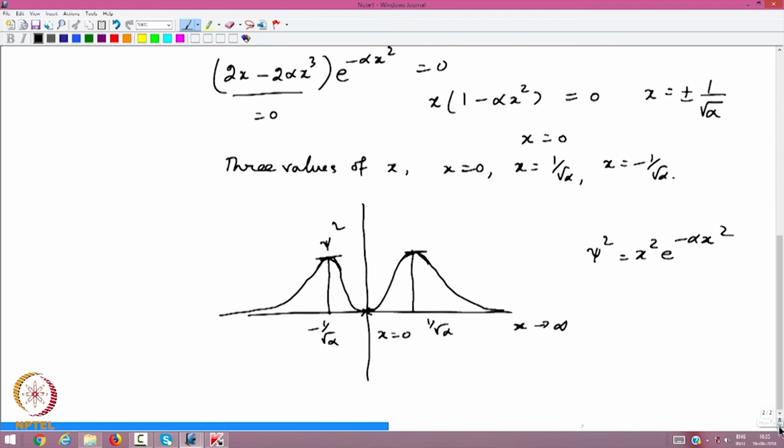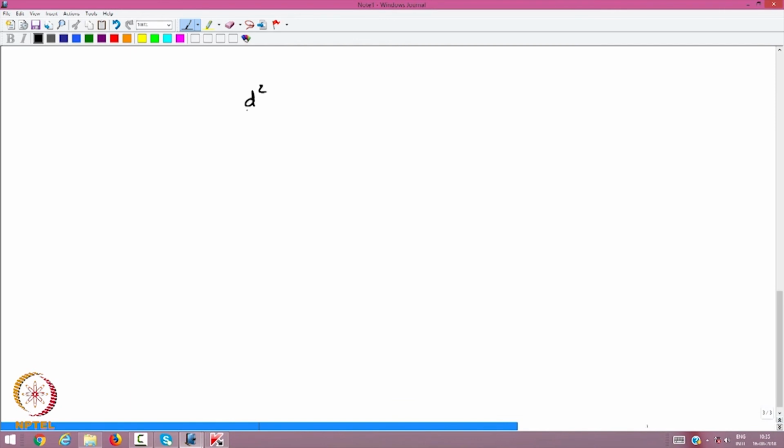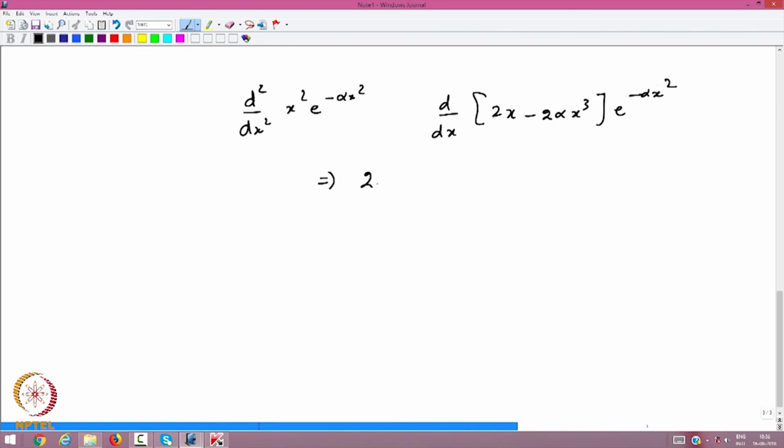The other way is to calculate d square by dx square on x square e to the minus alpha x square, and since you know that it is already d by dx, 2x minus 2 alpha x cube times e to the minus alpha x square, this will be 2 minus 6 alpha x square times e to the minus alpha x square, that is one term, and the second term is minus 2 alpha x times 2x minus 2 alpha x cube times e to the minus alpha x square.